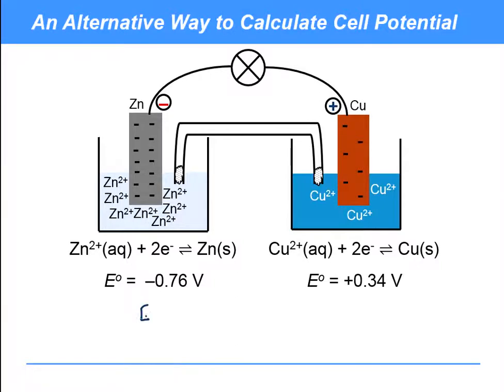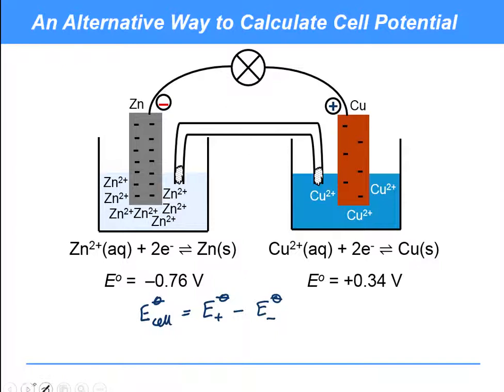So I want to start off by introducing an alternative way to calculate the cell potential. In previous videos we've said that to calculate the standard cell potential from two half cells, we simply take the standard electrode potential for the positive electrode and subtract the standard electrode potential for the negative electrode. So it's the potential difference between these two values.